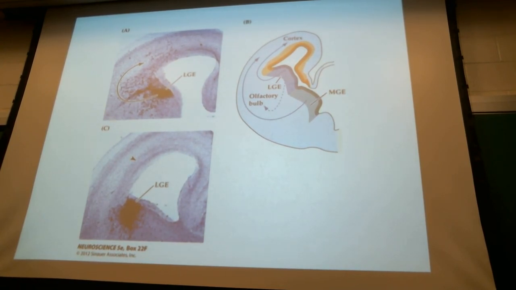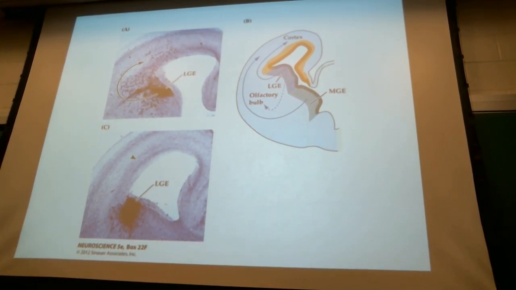So we were looking at the timing issue. So this timing issue and the positional issue, the interneurons follow this rule too. So there is LGE and MGE, different portions of the ganglionic eminence produce different types of interneurons. And timing is an issue too. As they develop, they start producing different types of interneurons. And there are so many different types of interneurons.